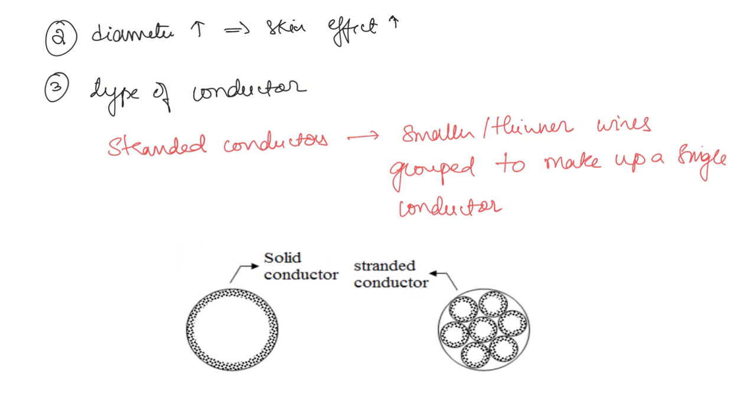In a solid conductor, the current is confined to the surface. For a stranded conductor, since there are many smaller conductors, the current can now flow through the surfaces of each of these smaller conductors. So the total area that is available for the current flow is going to increase in a stranded conductor. So these are the important factors that are going to affect the skin effect.